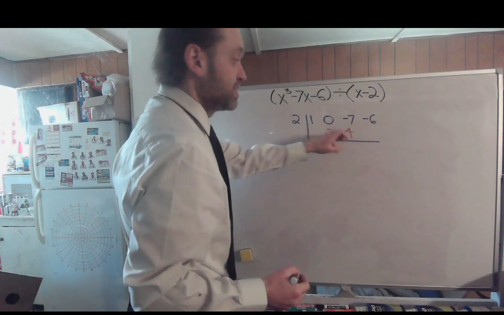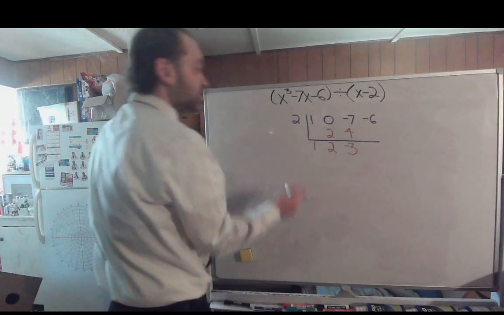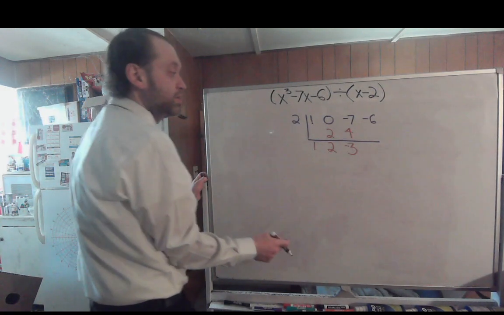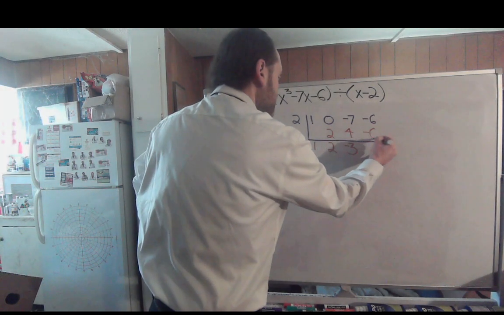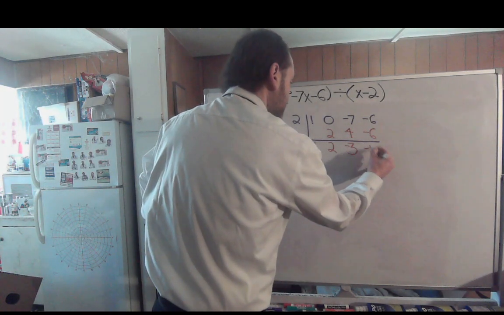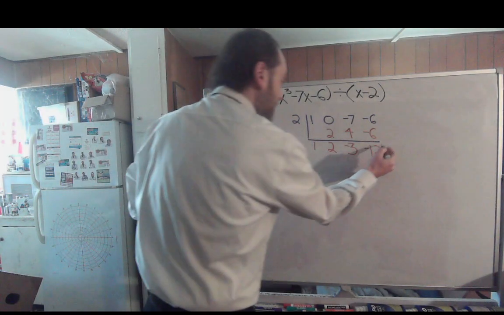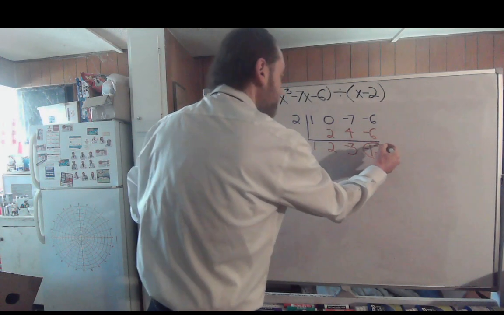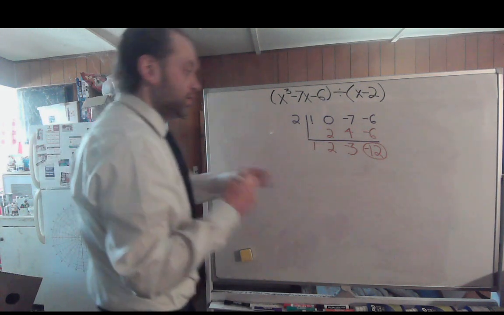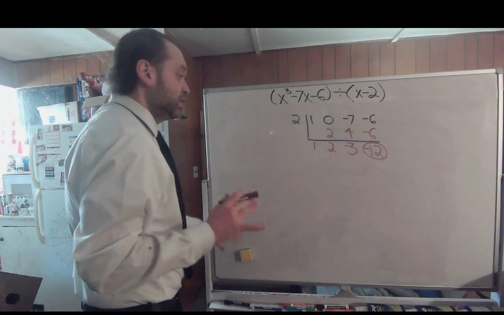Negative 7 plus 4 is going to be negative 3. Now what's 2 times negative 3? That's negative 6. So add your negative 6 and negative 6, you get negative 12. Alright, so you have a remainder of negative 12. That very last number to the right of your result is your remainder. That's negative 12, your remainder.